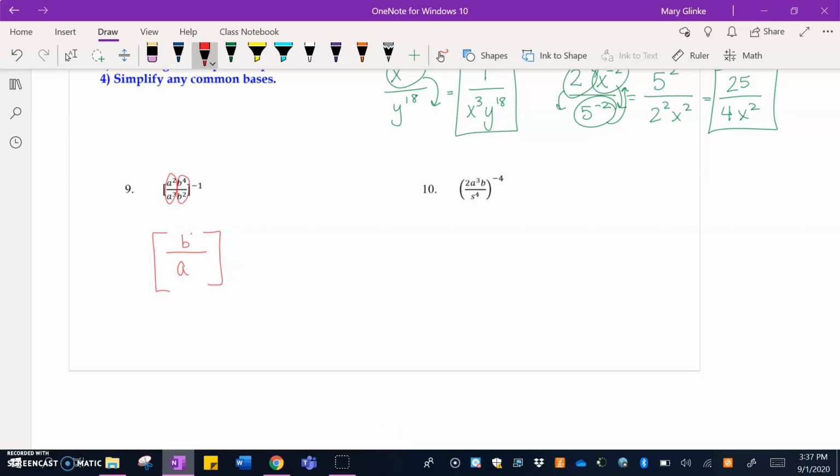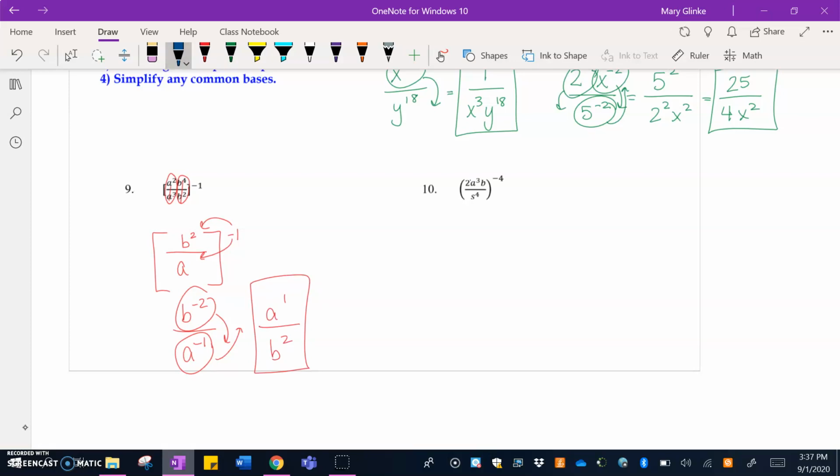So 2 would cancel out, and there's 2 in the numerator. So we can simplify or reduce those first, and then raise everything to the negative first power. So it's b to the negative second, a to the negative first, and then we can take care of those negative exponents. So it's a to the first over b to the second.